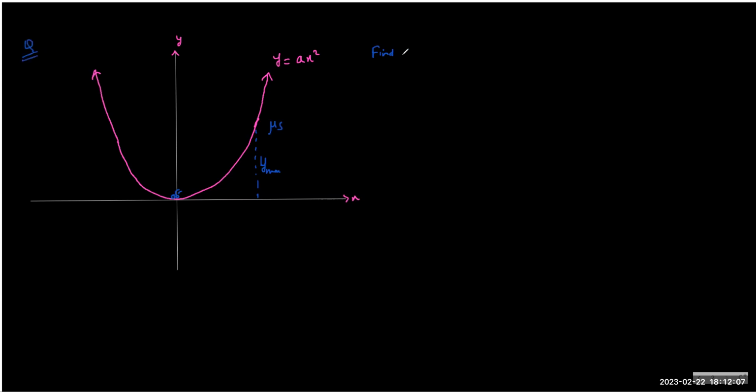So find the maximum height attained by the insect without slipping. These are all JEE kind of questions you will come across in the mains or advanced.